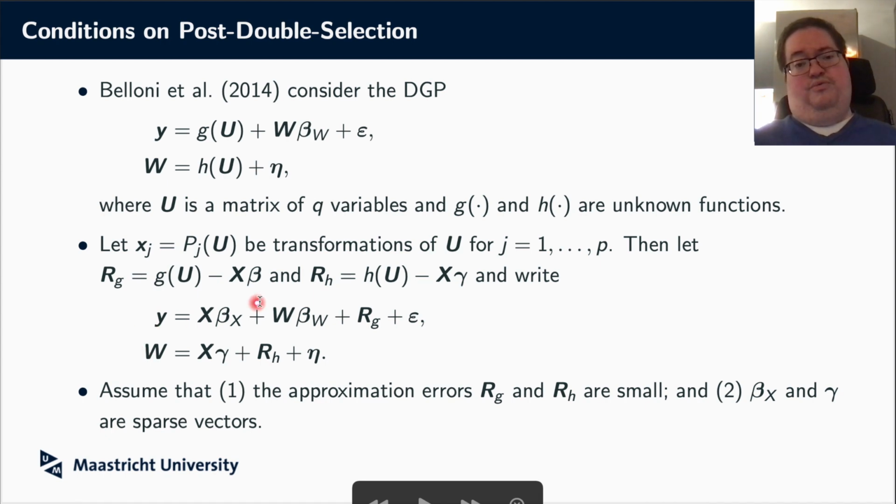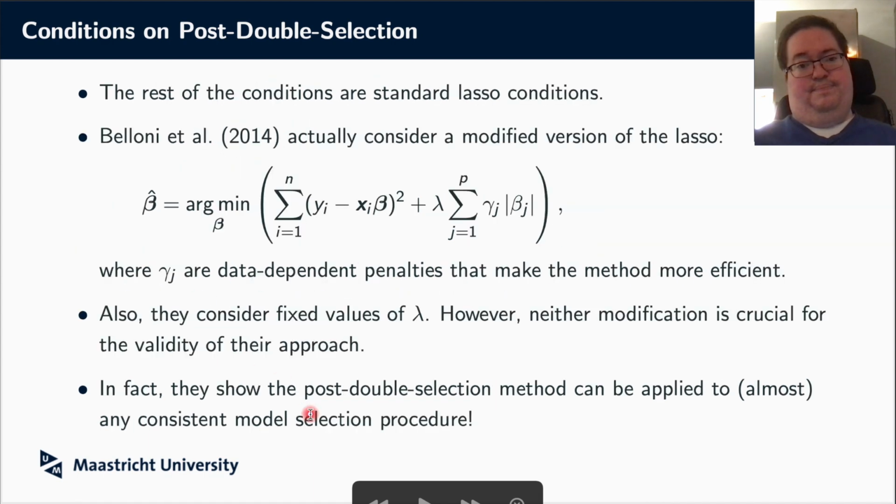Now, we also need that, of course, that our betas and gammas here actually are sparse. And if those are sparse, well, in that case, then we can do this approximation in a way that these errors are small. And we can use the lasso or related method to actually do model selection on them.